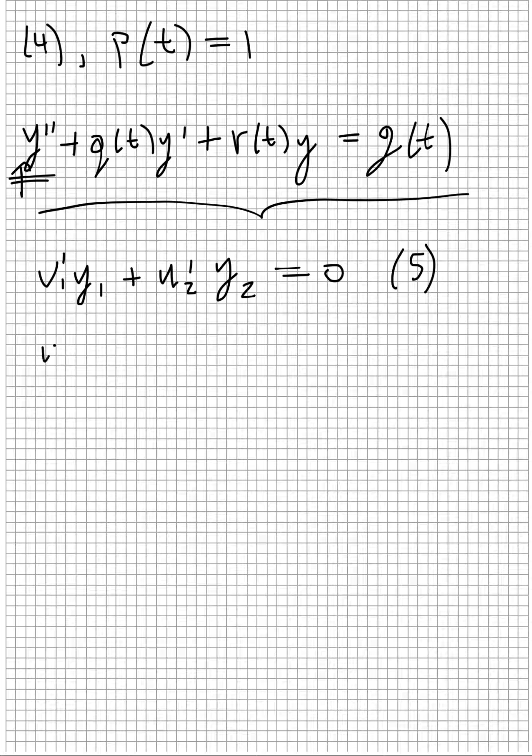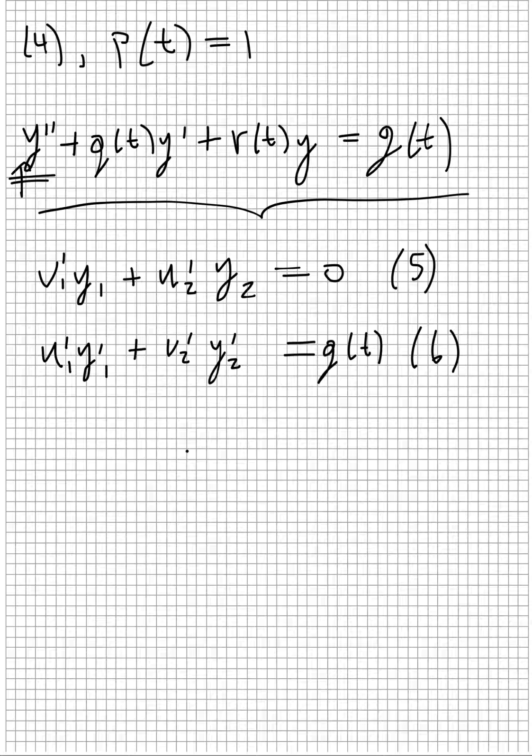And u prime 1 times y prime 1, plus u2 prime times y2 prime equals g of t. And I will call this equation 6.